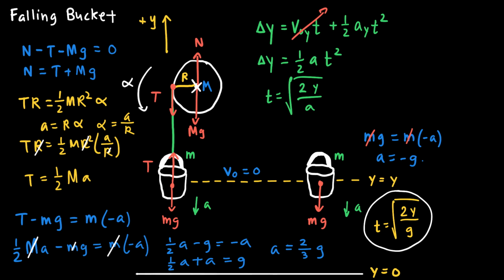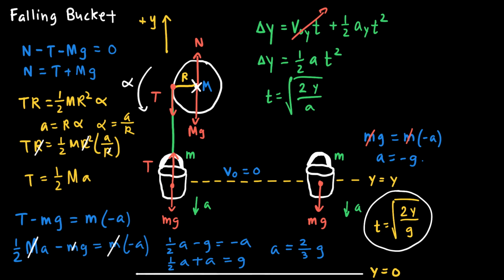And for the bucket on the left, we have an acceleration of 2/3 g. And of course, the acceleration is still negative, but for the bucket on the left, I plugged in the fact that the acceleration was negative earlier on, and so I don't get that negative sign in the final answer. Either way, we know that the acceleration is downwards and negative.